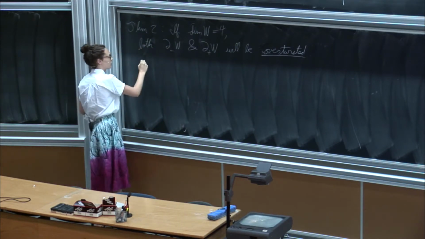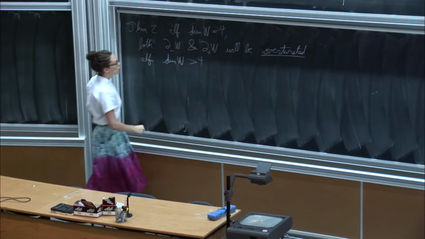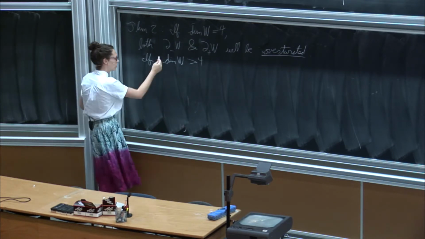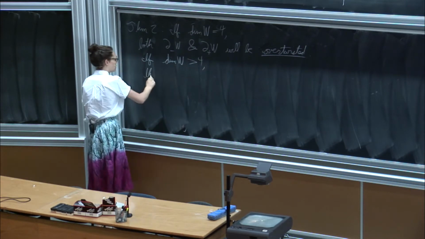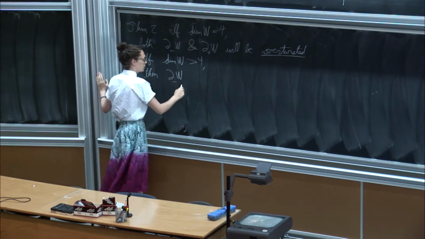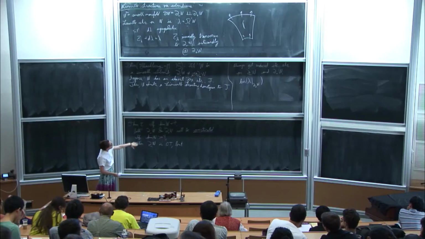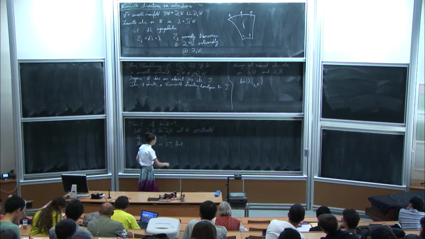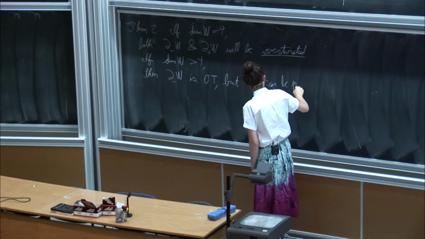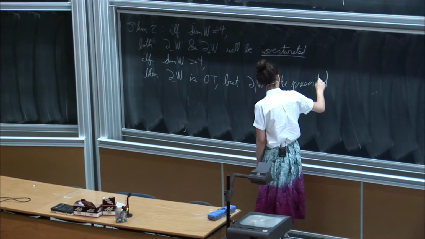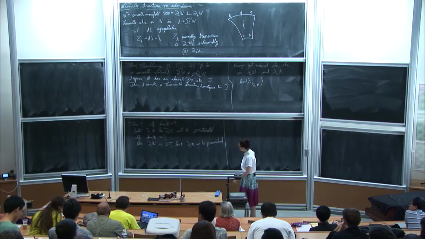And then in higher dimensions, I still will always need my negative boundary to be overtwisted, but the positive boundary I can choose arbitrarily. So this can be prescribed.